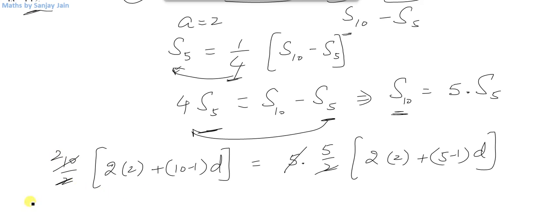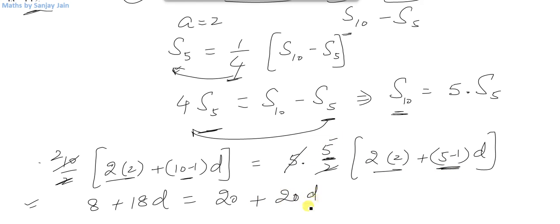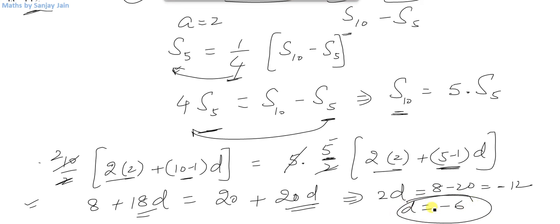Alright, so this left hand side will become, this is 4 into 2, 8 plus, this is 9 into 2, 18, and this is 5 into 4, 20 plus, this is 4 into 5, again I have 20 here, so 20D. Now let me take the terms with D on one side, that will give me 2D equal to 8 minus 20. So it is equal to minus 12. D is equal to minus 6.